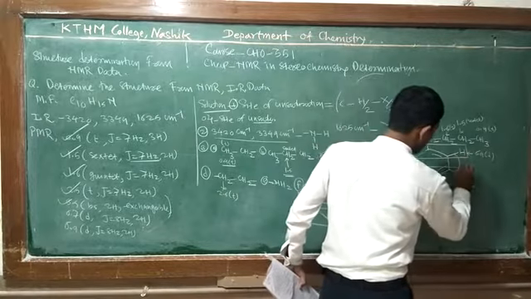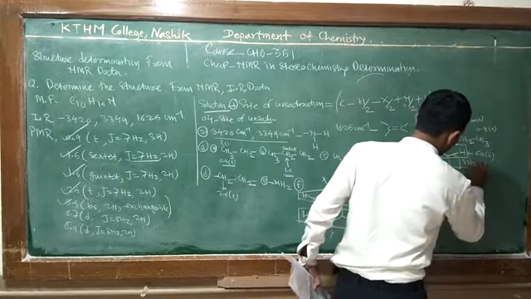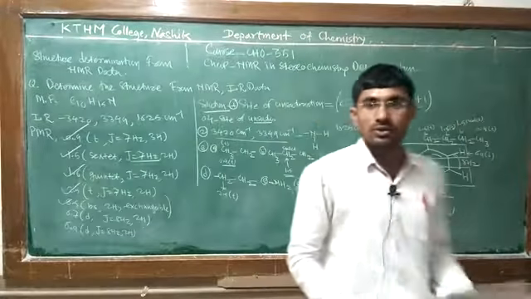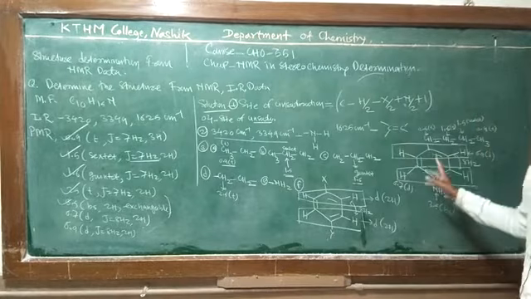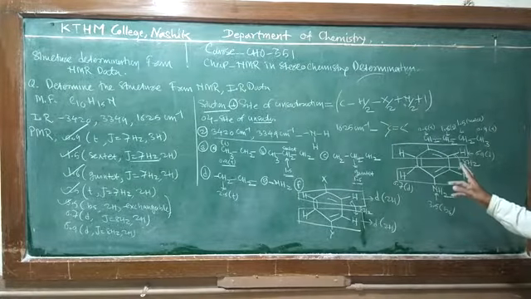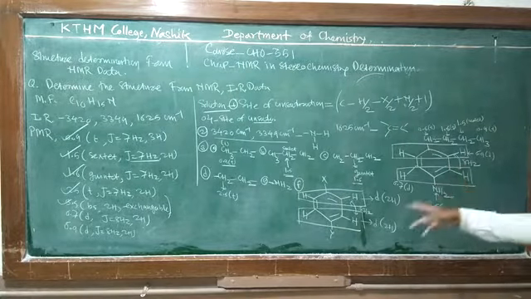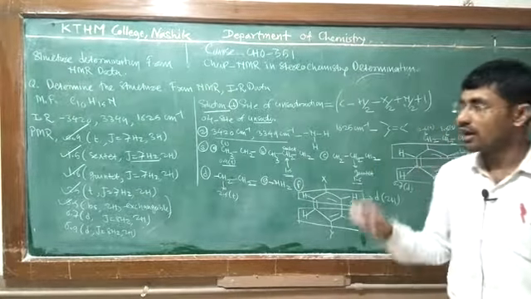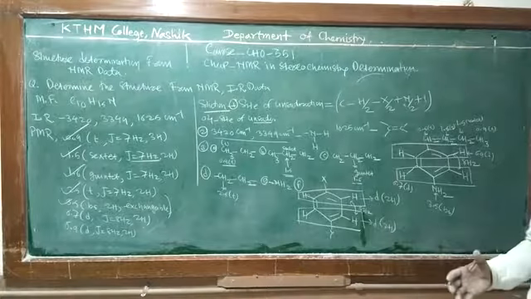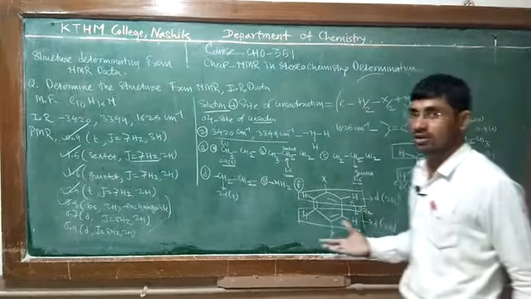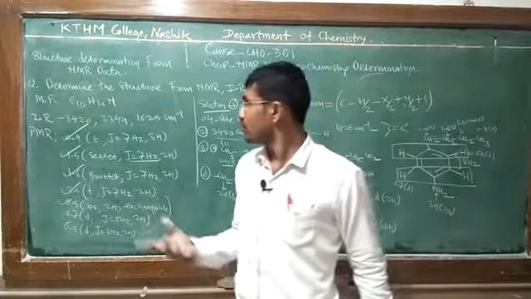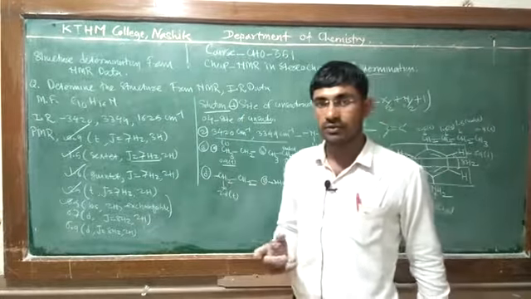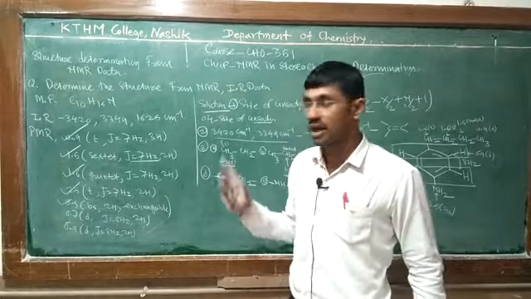These two are coupled with each other with 8 Hz, ortho coupling. So this structure is possible for this NMR and IR data. From NMR and IR data, in this way we can deduce the structure. This is problem number 1 that we can solve with the help of NMR and IR data.